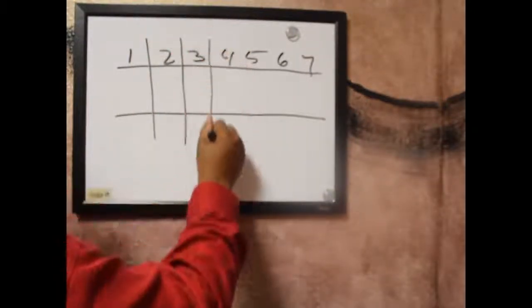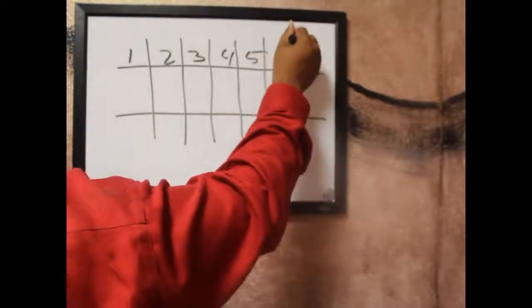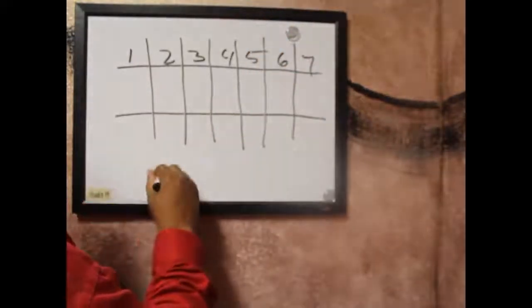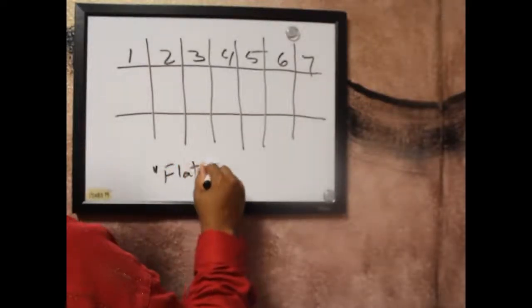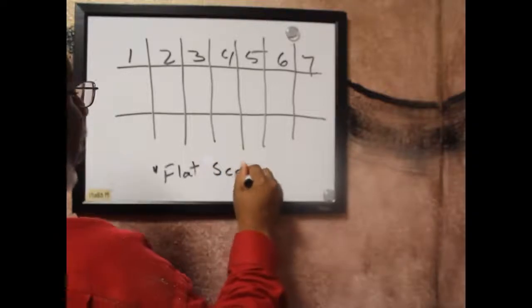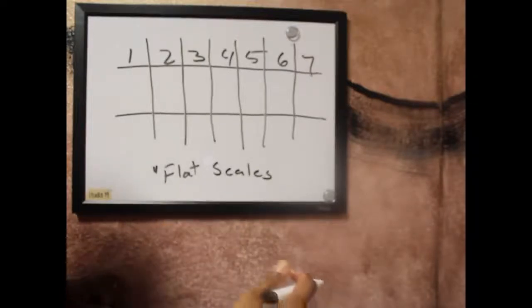And make a little grid. Now these are just going to be for what we're going to call the flat scales, because they just have flats in them.